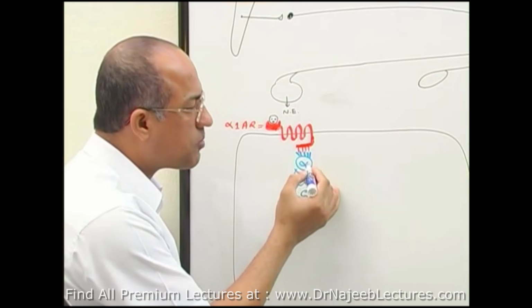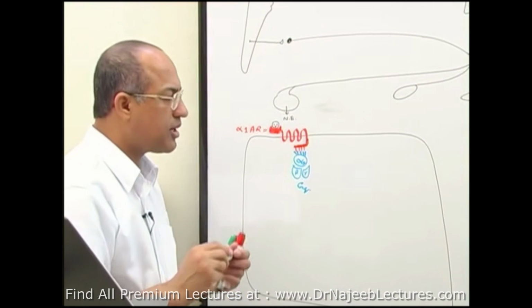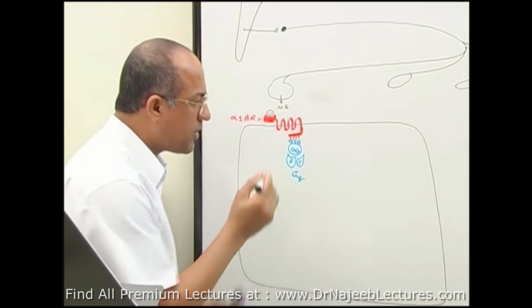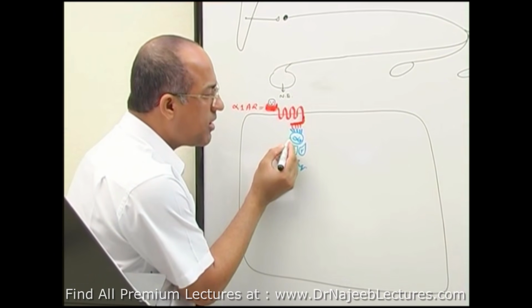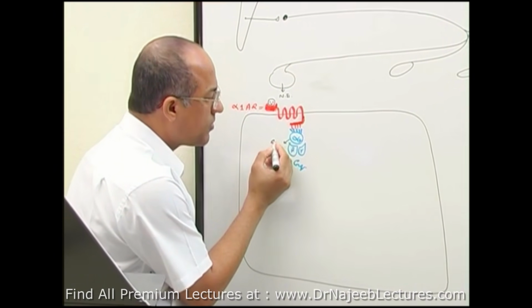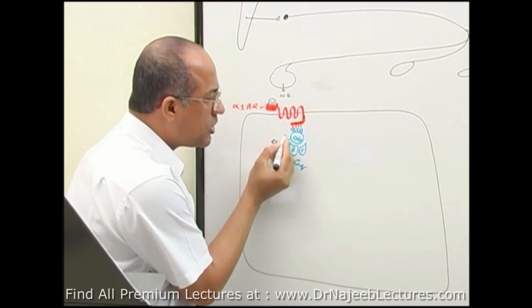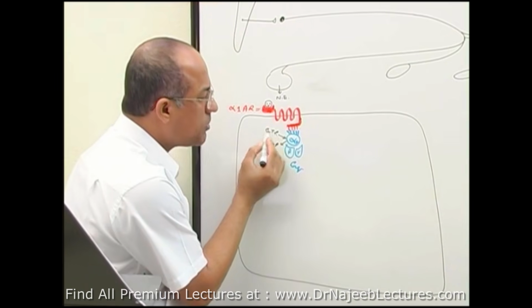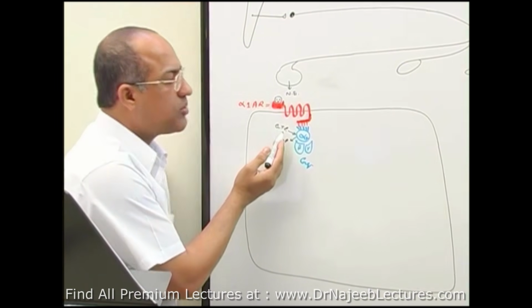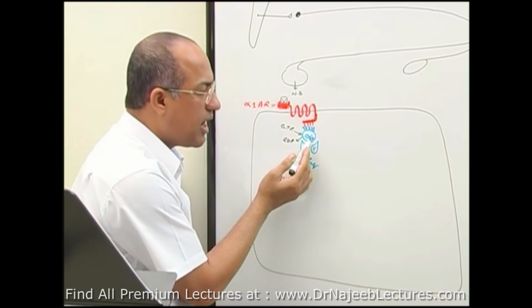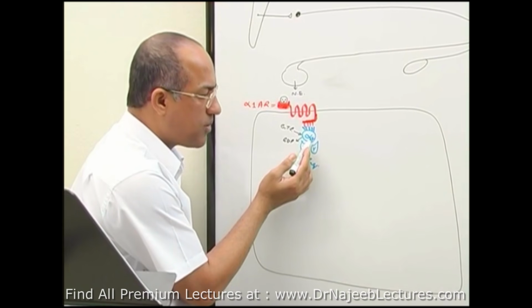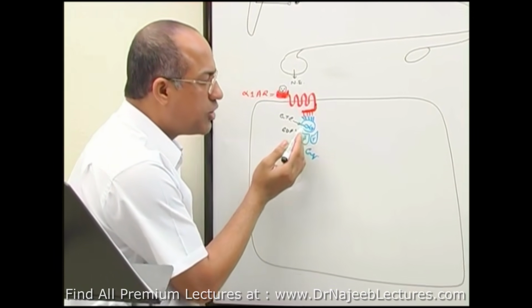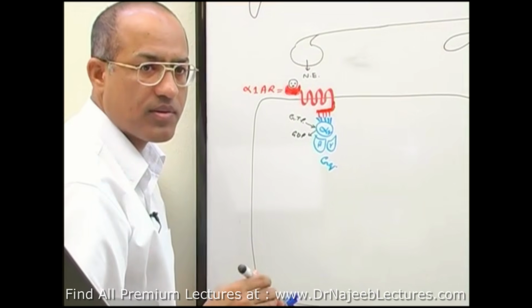Now as soon as the receptor activates the alpha component of the G protein, the alpha component, which was previously bound to GDP, loses the GDP and binds GTP. GTP is a high energy molecule, and when it binds with the GQ alpha component, the alpha component dissociates from beta and gamma, right?